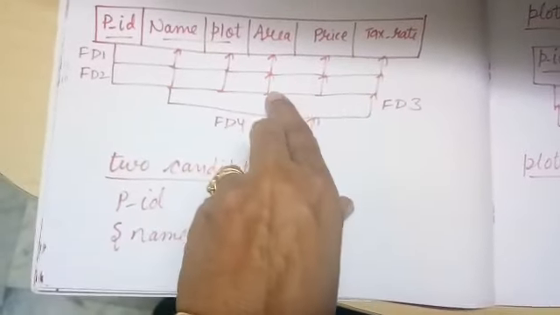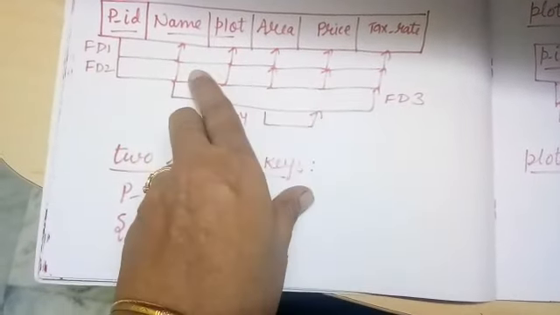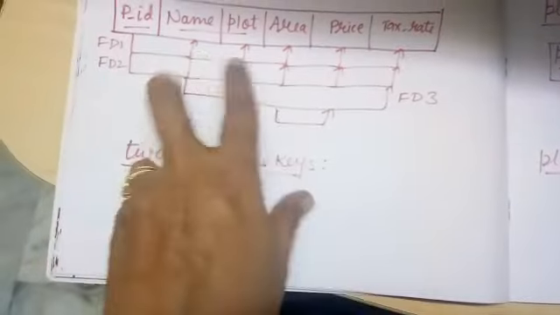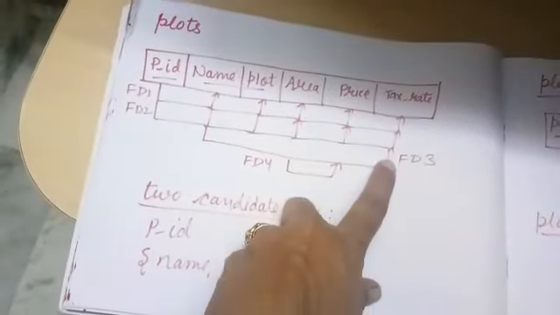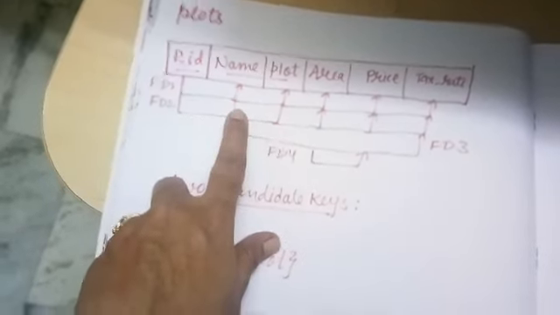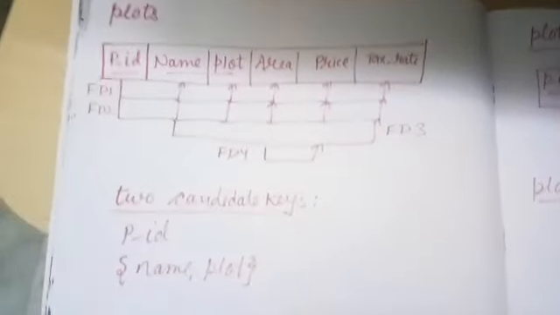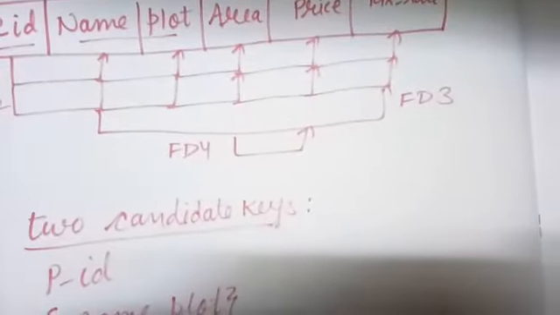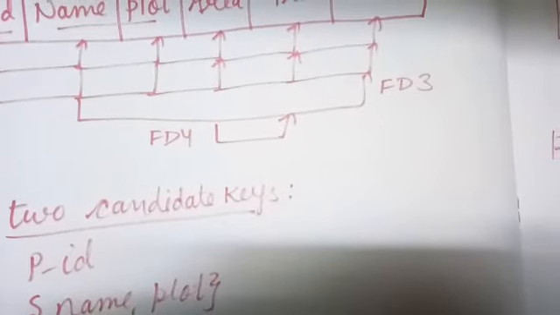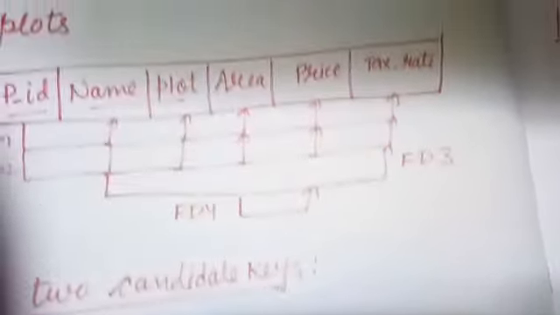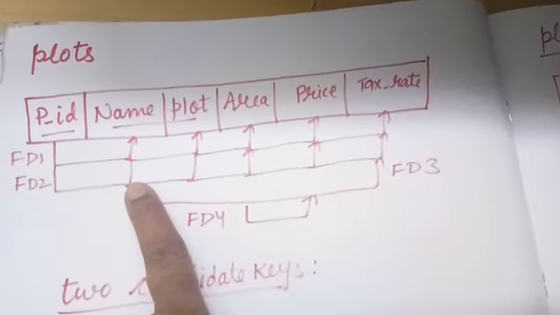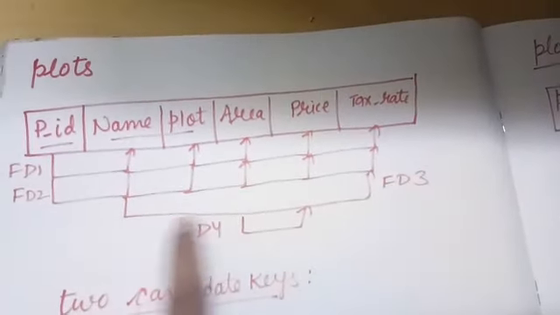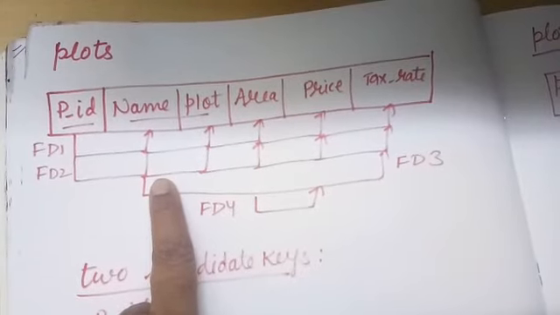FD2: PID is dependent, and both area dependent on name and plot, price dependent on both, tax rate dependent on both, but tax rate is dependent on name only, because in the plots relation schema, tax rate is partially dependent on the candidate key, right? Partially dependent on a candidate key, a single attribute.